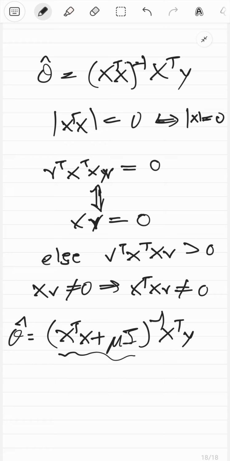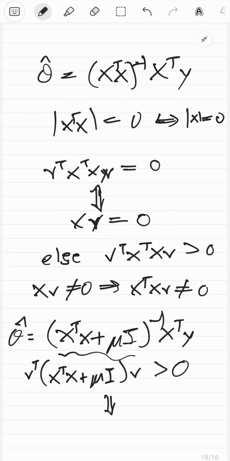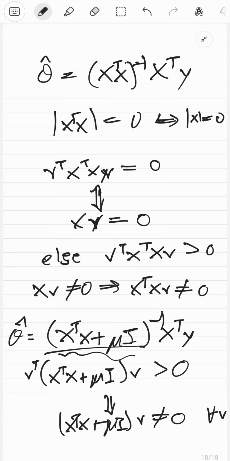That's because for any vector v, v transpose (X transpose X plus mu I) v is always strictly bigger than 0, and that implies that (X transpose X plus mu I) v cannot be equal to 0 for any v, right? That means there's nothing in the null space of X transpose X plus mu I, and that implies this will always be invertible. Now this whole formula looks like it's coming out of thin air, right?